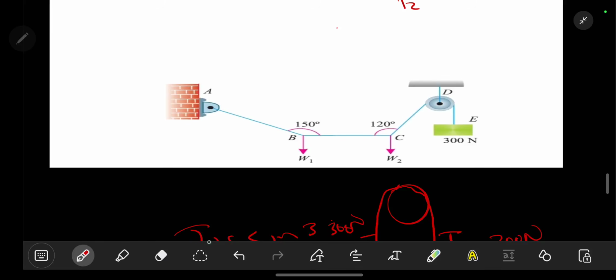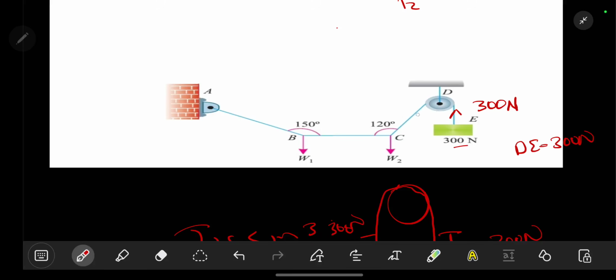So the tension at DE, which you have already been given, is 300 newtons.